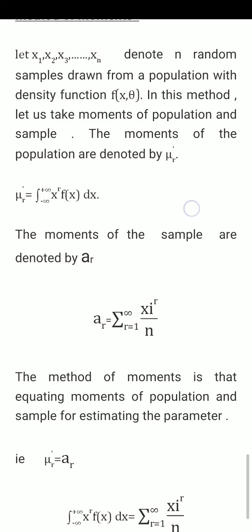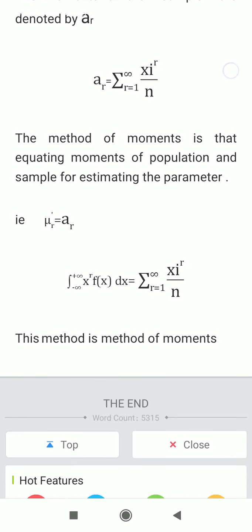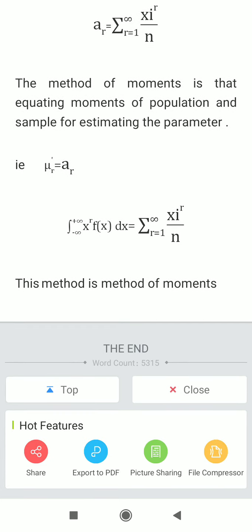The moments of the sample are denoted by A r, A r is equal to summation i is equal to 1 to n of xi power r by n. The method of moments is equating the moments of the population and the sample for estimating the parameter theta. That is mu r dash is equal to A r. This method is called the method of moments.